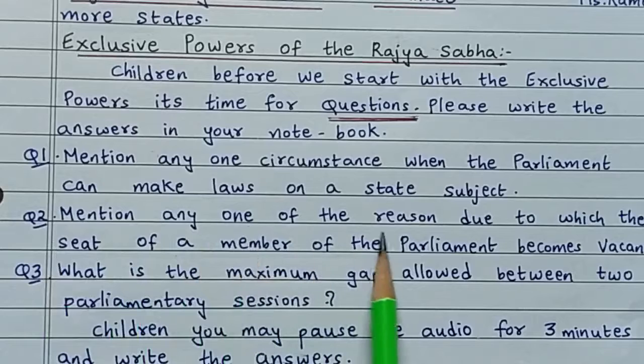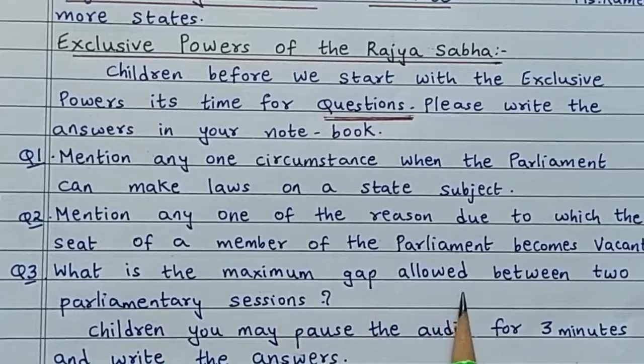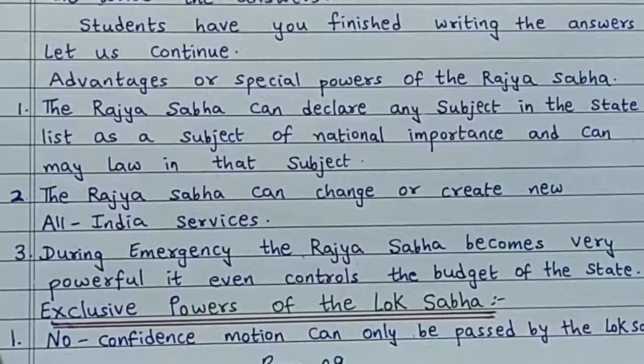Mention any one of the reasons due to which the seat of a member of the Parliament becomes vacant. Third, what is the maximum gap allowed between 2 parliamentary sessions? Children, you may pause the audio for 3 minutes and write the answers. Students, have you finished writing the answers?